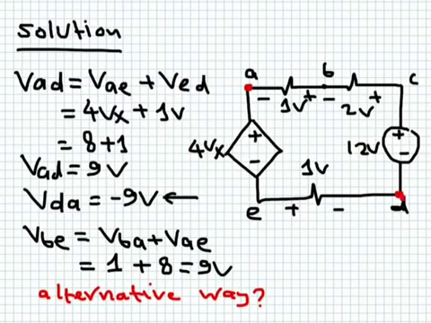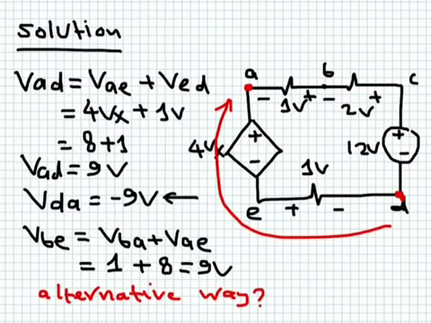So I'm going to go in this direction to calculate VAD. When you go around, you have 1 plus 8, then VAD is going to be equal to 9 volts. But I'm looking for VDA. If point A is higher in voltage than point D by 9 volts, then point D is lower than point A by 9 volts. Then VDA is equal to minus 9.